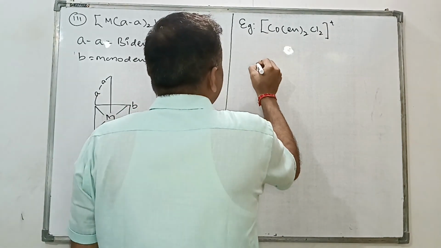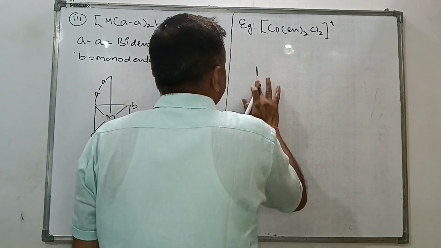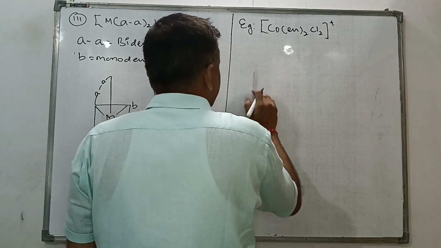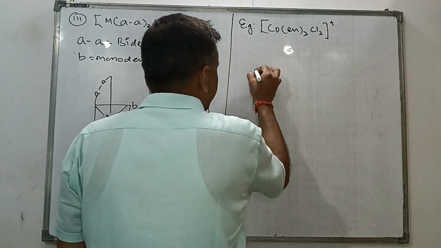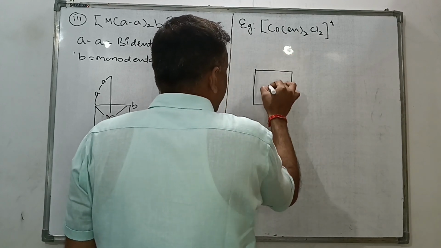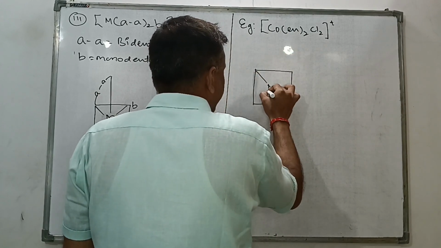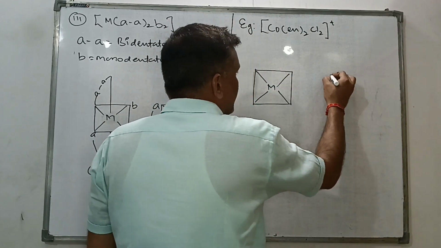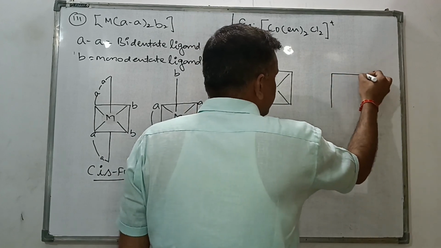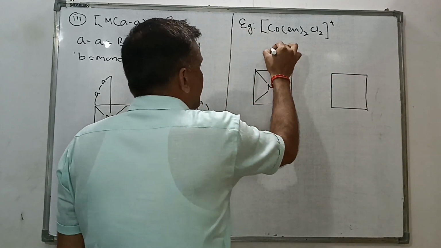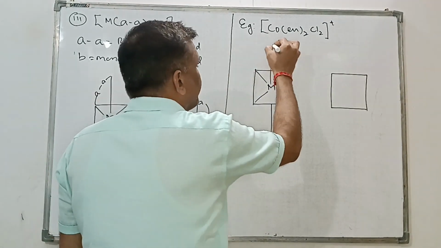If we keep the geometry, then it will be as follows. This is the square. This is the M. And another form will be as follows. This is the above the plane and below the plane.